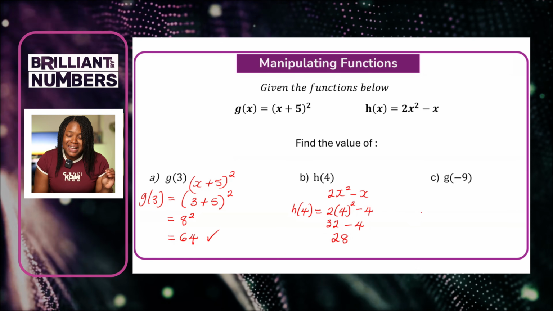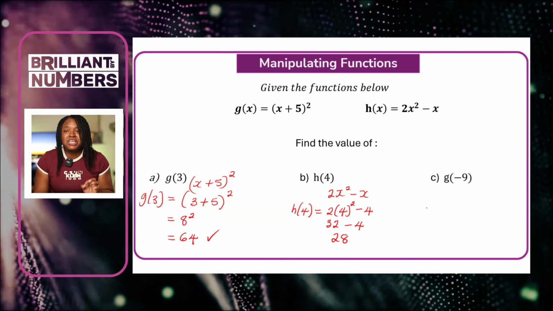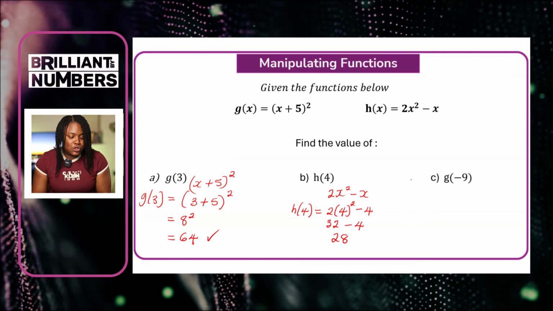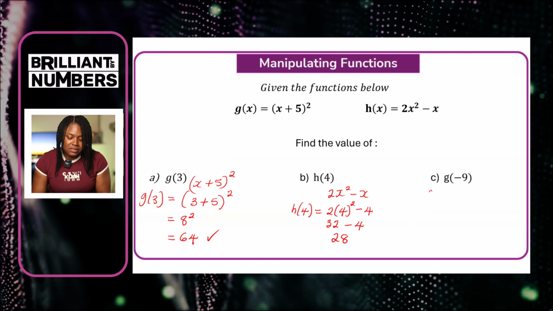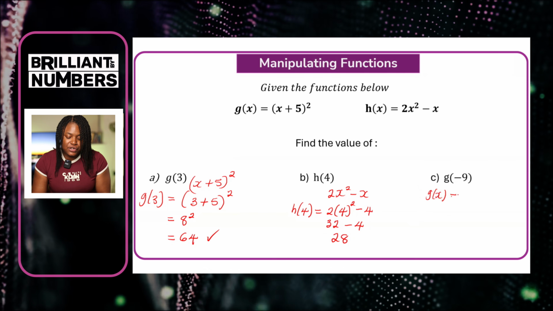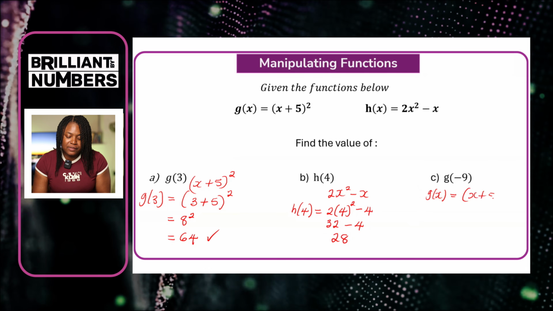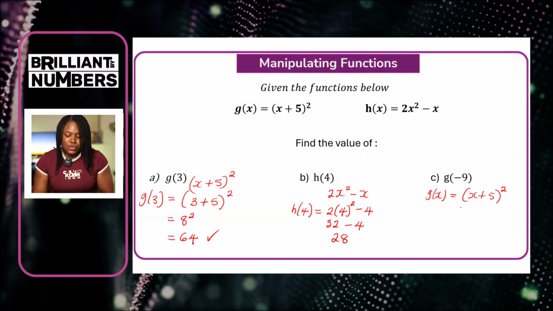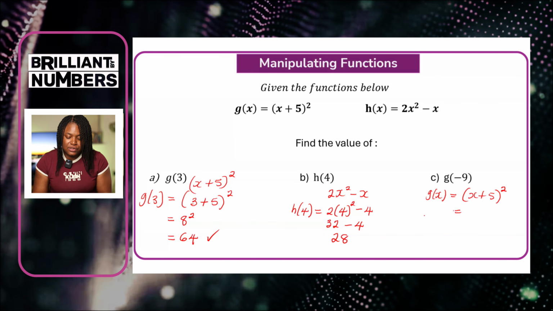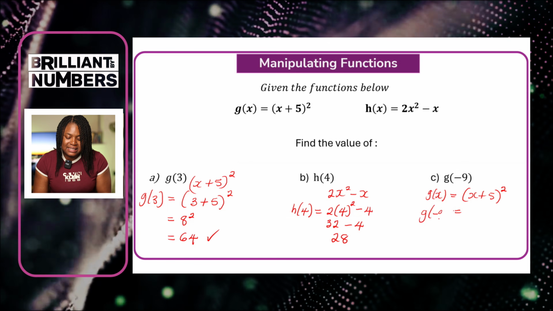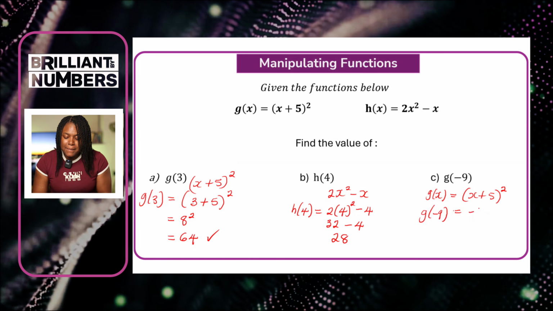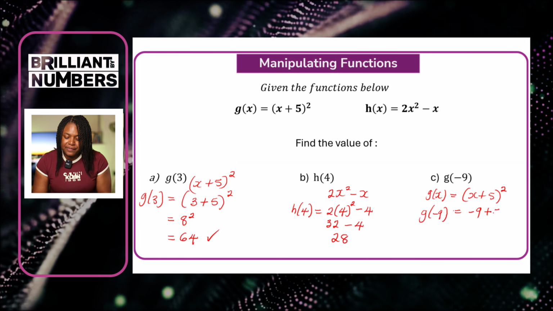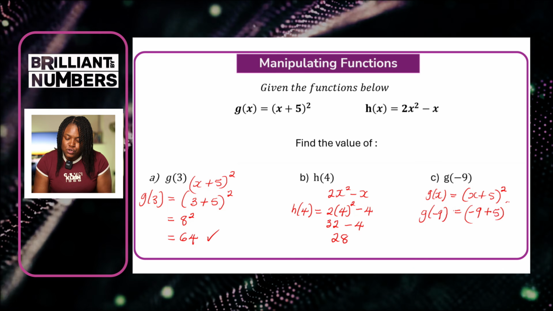Now for our final example, we're doing g of minus 9. So g of x is equal to x plus 5 squared. So now I'm going to substitute. So g of minus 9 is equal to minus 9 plus 5, put that back in bracket, all squared.